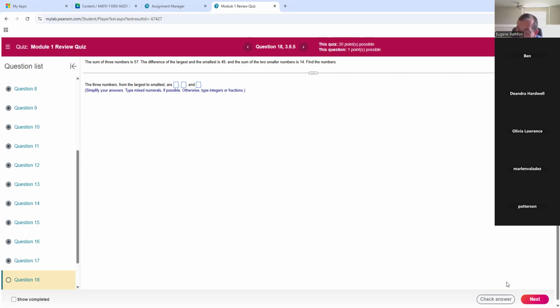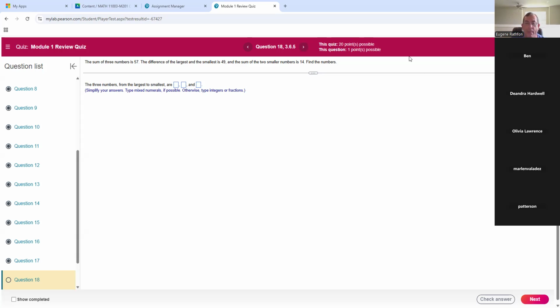And then it says the sum of the two smaller numbers is 14. Find the numbers. Now notice in the answer blank, it says the three numbers from largest to smallest, okay?